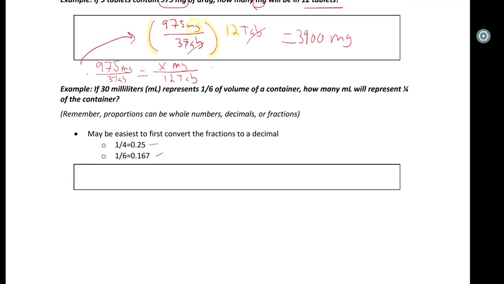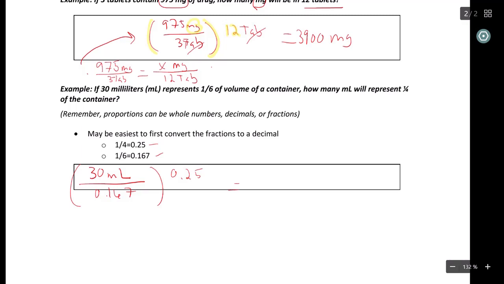Now, I had a lot of room down here, but I'm going to write outside of this box. So I get my ratio. I have 30 mLs, right, is 1/6 of a volume, and 1/6 is 0.167 approximately, right? So if 30 mLs is 1/6 of a volume container, how many mLs will be represented by 1/4, or 0.25, of a container?